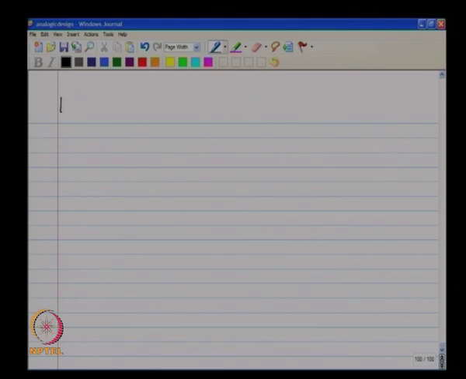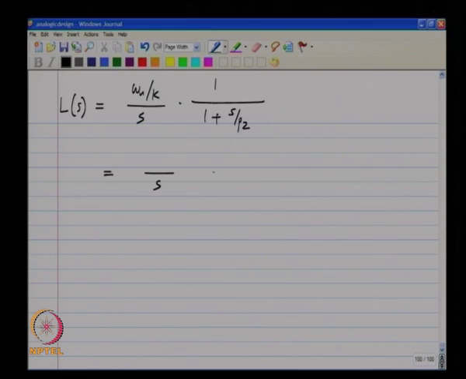We can expand the loop gain in the partial fraction form. This can be rewritten as, okay.